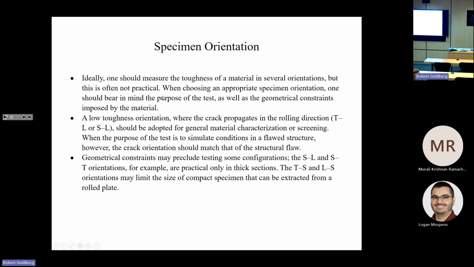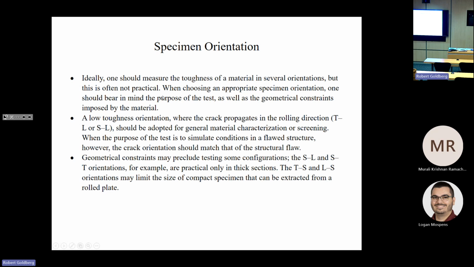If you have a really thin plate or a really short plate, it could make it non-realistic to do some of these orientations. Also, a low toughness orientation where the crack propagates in the rolling direction should be adopted for general material characterization or screening.